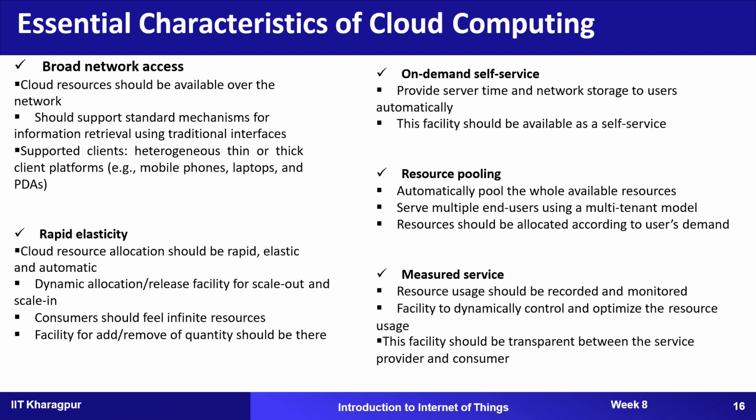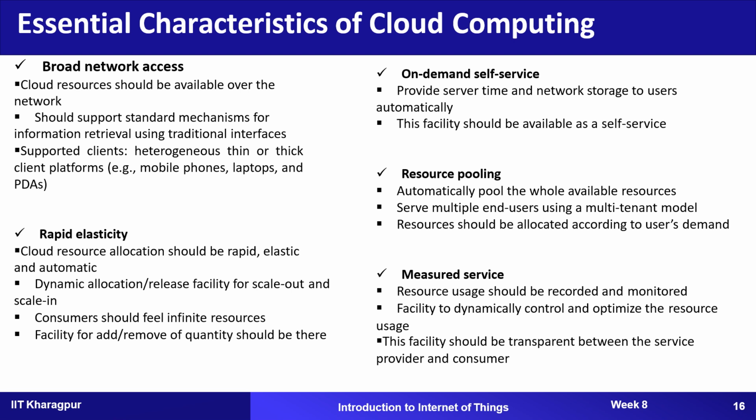In cloud computing, you can access these resources from anywhere, and you don't require any special kind of interfaces to access them. Then the supported clients can be heterogeneous thin or thick clients. So you can access the network from either thick or thin clients.